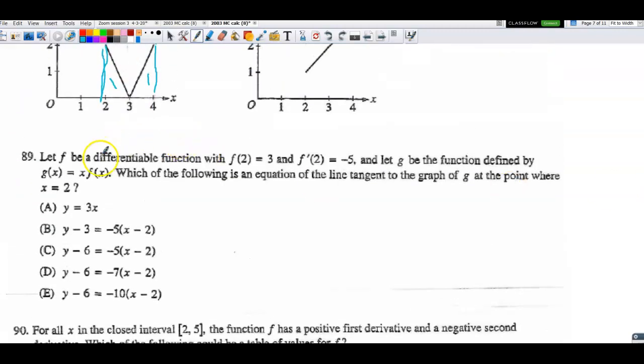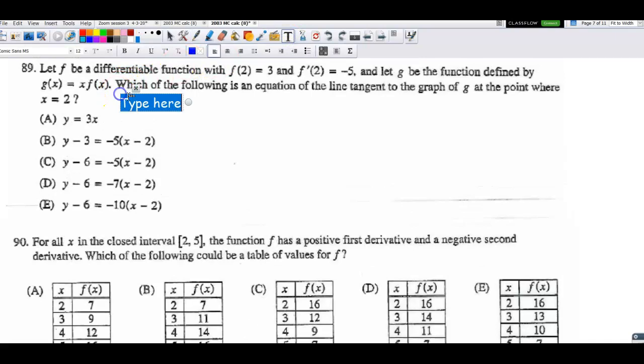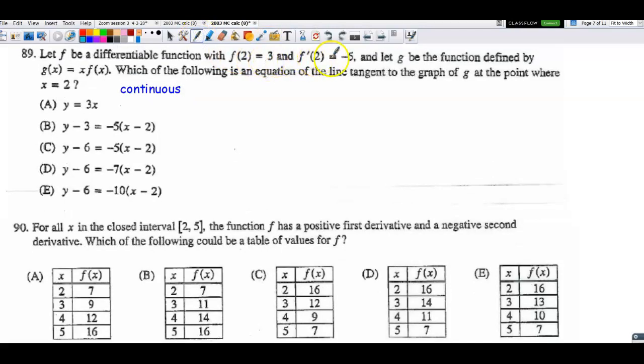Actually, we did 88. We're looking at 89. Let f be a differentiable function. So if f is differentiable, you know that that also means that f is continuous. And we have f of 2 is 3 and f of negative 2 is 5. Let g be the function defined by g is equal to x times f of x.